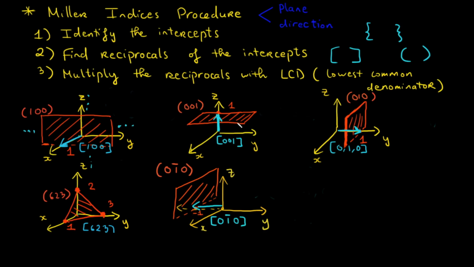And similarly, this plane right here also has the same shape. It's also extended infinitely. But the difference is that this one is pointing in the z direction. But whatever direction it's pointing to, the shape and the size look similar or equivalent to the (100) plane.